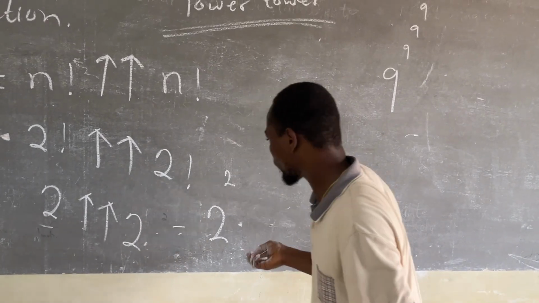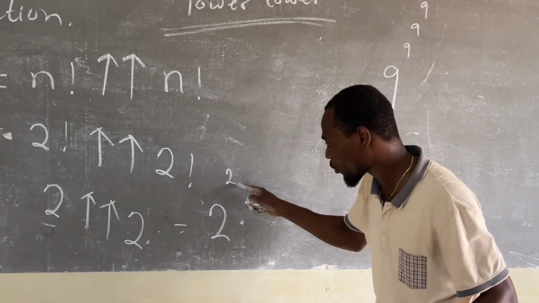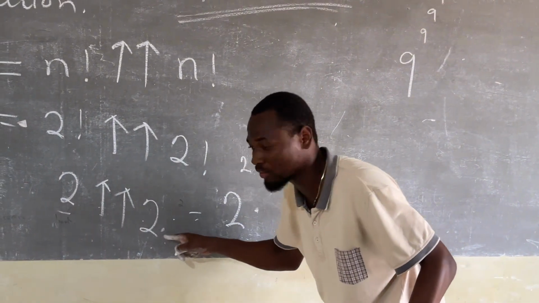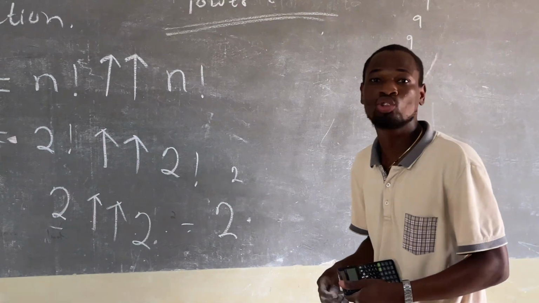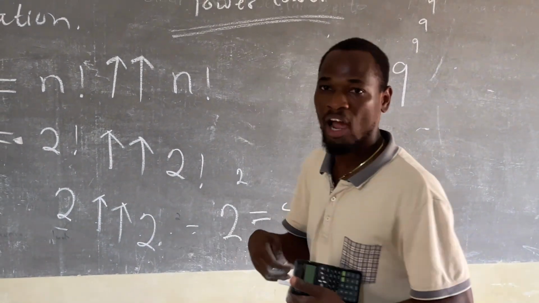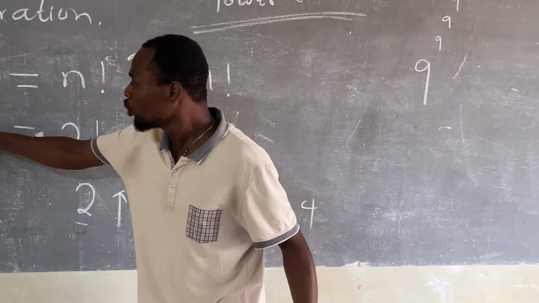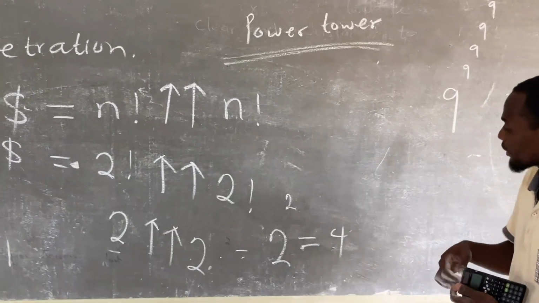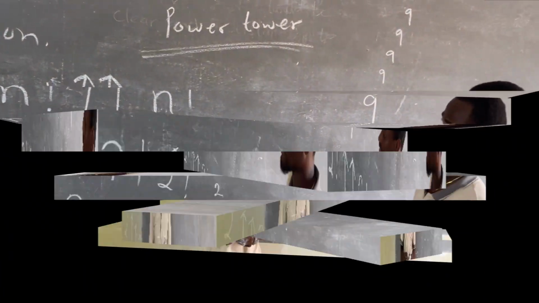Let me count. How many 2s do I see here? 1 and 2, right? Which amounts to the 2 here. So this is the answer. And 2 raised to the power 2 is basically 4. So therefore, 2 superfactorial is given by the number 4. As simple as that.